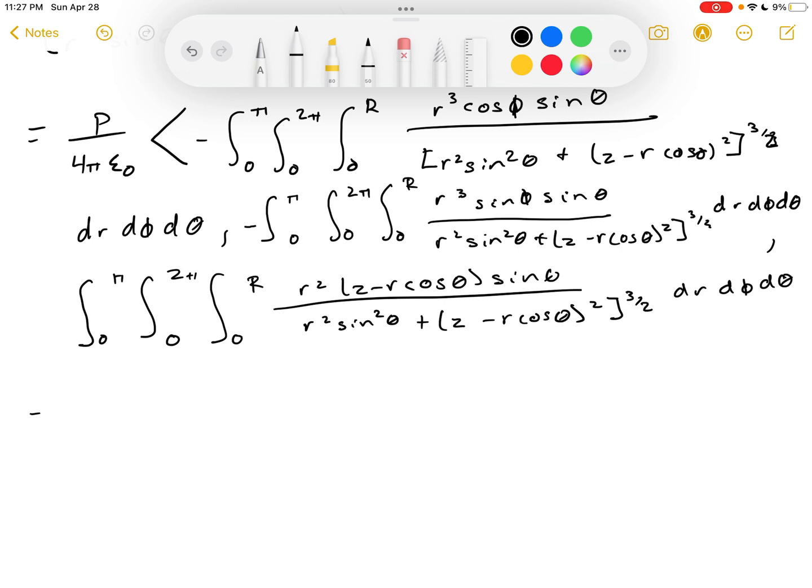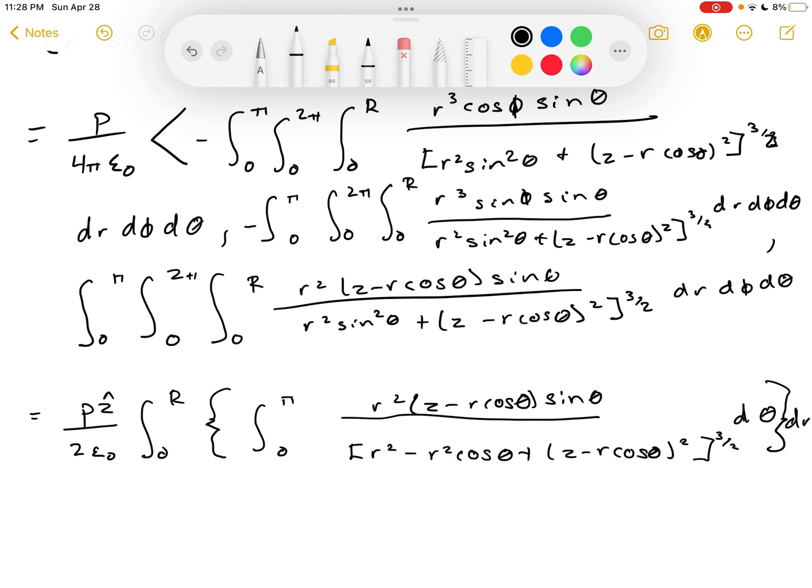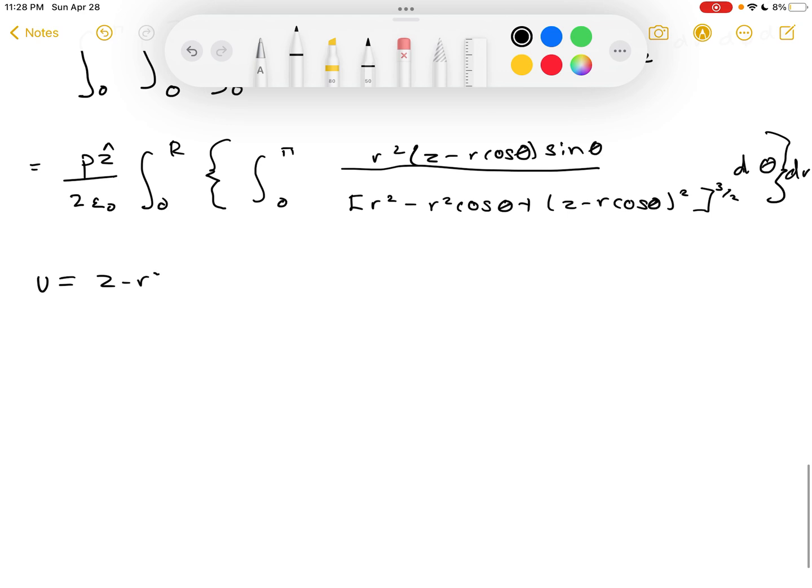After simplification, we get rho z hat over 2 epsilon naught, integral from 0 to R, of the integral from 0 to pi of r squared (z minus r cosine theta) sine theta over (r squared minus r squared cosine squared theta plus (z minus r cosine theta) squared) to the 3/2, d theta dr. Now we just use u substitution where u is equal to z minus r cosine theta.